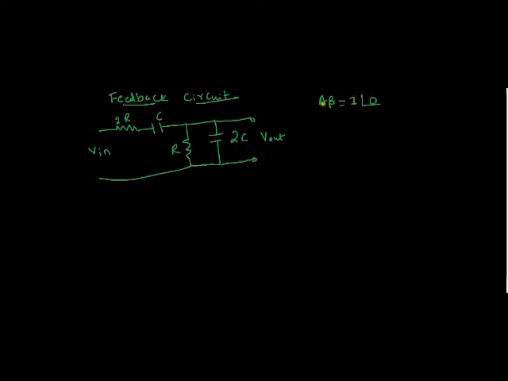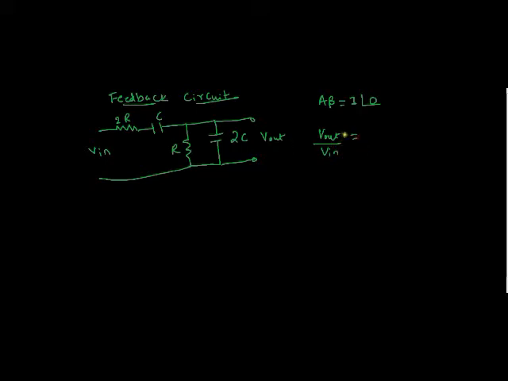We already know what A is, the amplifier gain, that is 1 plus R2 by R1, since it is a non-inverting amplifier. We need to know the value of beta. In order to do that, we have to understand the feedback circuit. So let's find the transfer function of the feedback circuit.